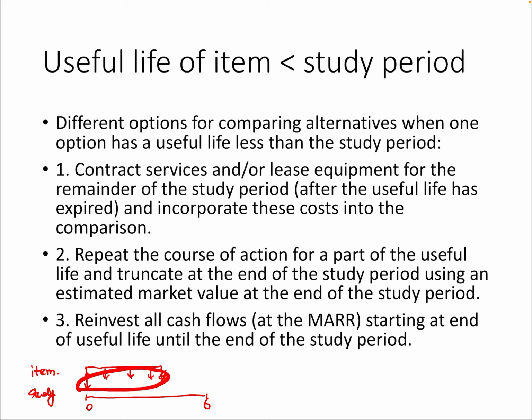And then you convert all these cash flows to the end of the 4th year. We call it F4. Okay, so that's the future value of all the cash flow at the end of the useful life. And then you reinvest this F4, the total value, into something else. Something else for how long?